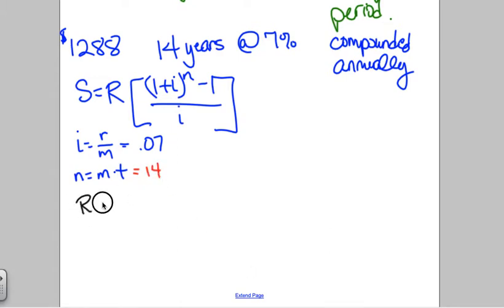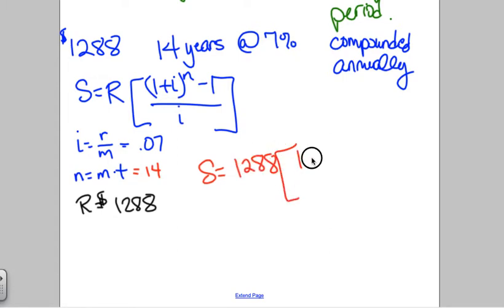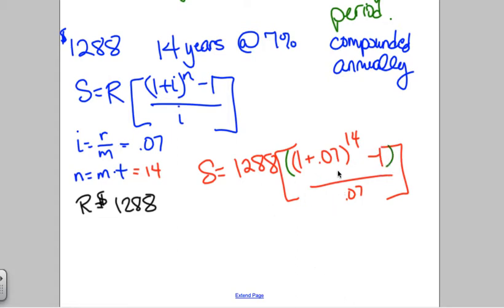My N value is going to be 14. My R value is my initial deposits every year. So I'm going to plug this in. S equals 1288 times 1 plus 0.07 raised to the 14th power minus 1 over 0.07. Make sure when you put this in the calculator that you put that numerator in parentheses, and go ahead and put the denominator in parentheses. Just get used to doing that.